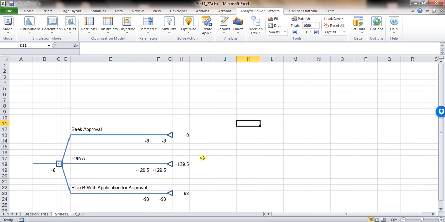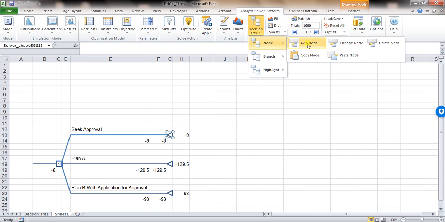Now if we go with plan A, we don't have further states of nature like change in decision or anything. So this is the end node. But if we go with seeking approval, there can be 2 outcomes. Whenever there is a state of nature, this is an event node.